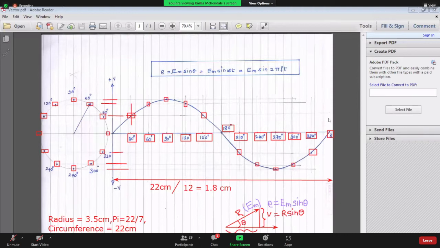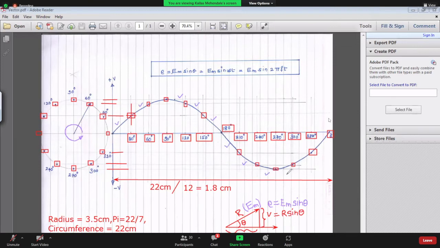So dear cadets, as you can see, very little visualization is required over here. As the vector rotates in anticlockwise direction, this is the curve the vector is going to trace, which is nothing but the instantaneous value of the sinusoidal wave at that particular position.